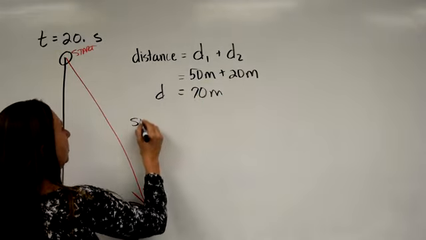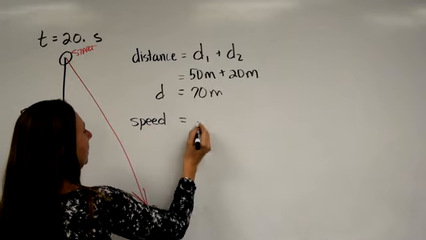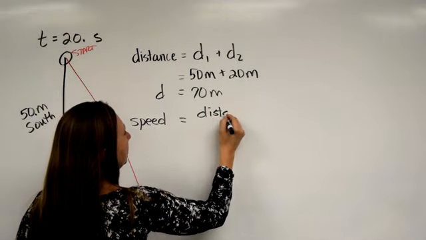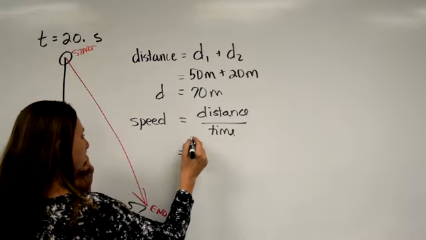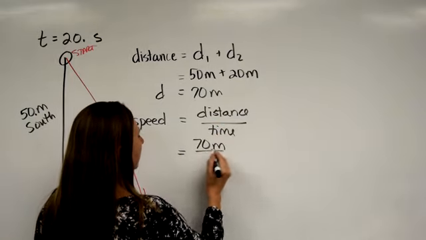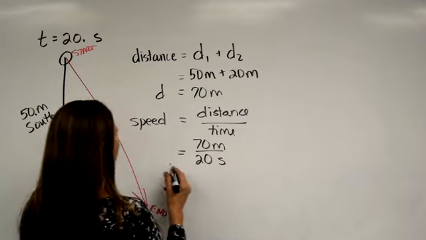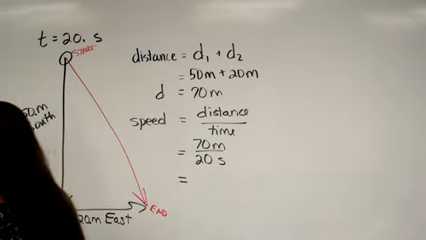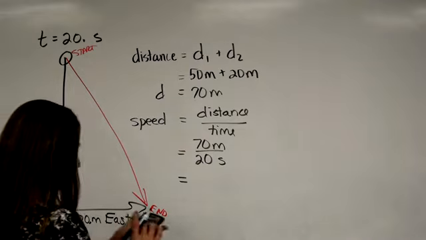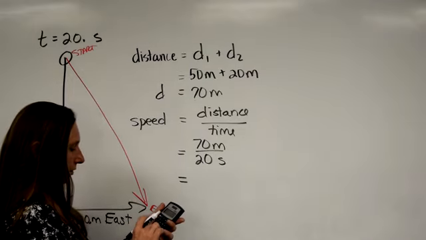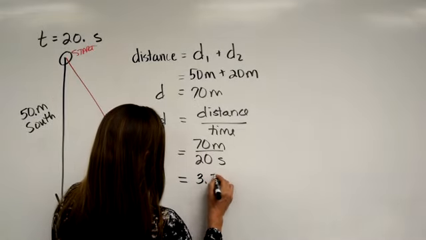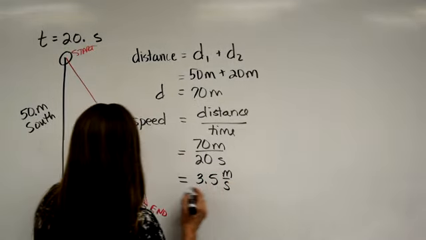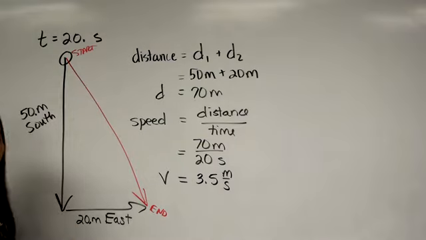So his speed is going to be his distance divided by the time. The distance was 70 meters. The time was 20 seconds. So 70 divided by 20. How fast was this guy going? 3.5 meters per second. His speed was 3.5 meters per second.